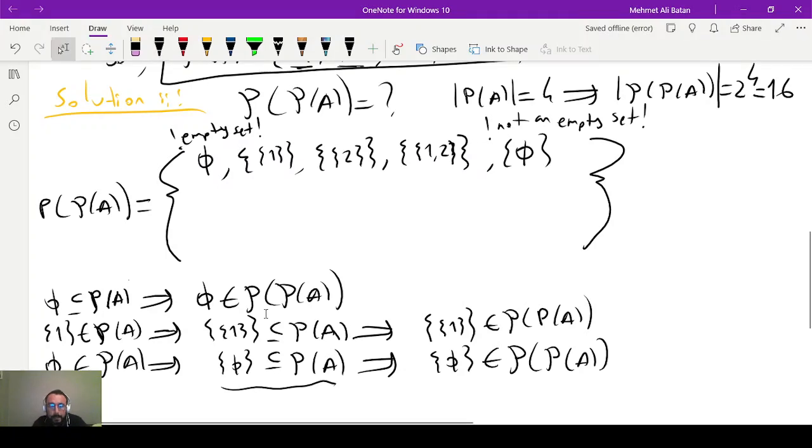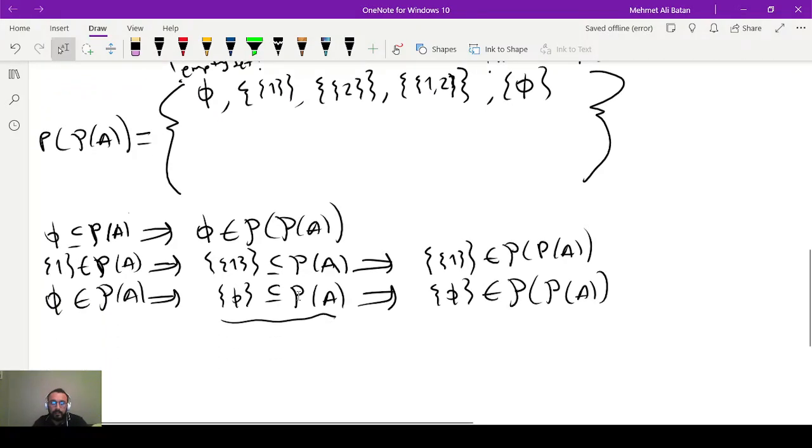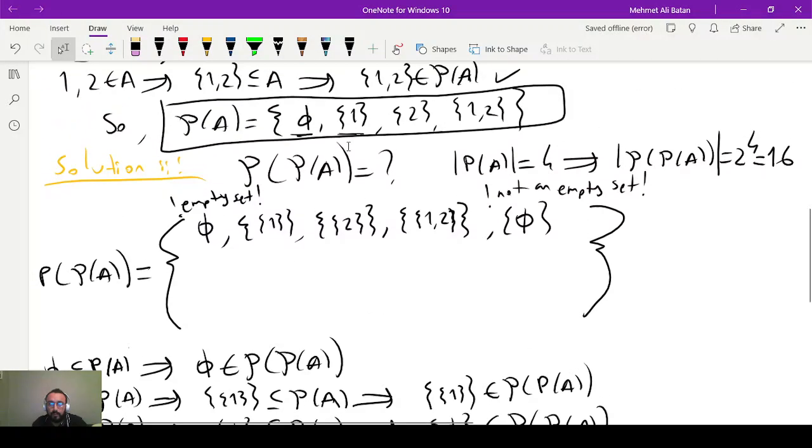Okay, then what about the others? You can check this 1 and 2. Let me write it down in an order. So the empty set and this set are in the power set of A. You can check above, right?